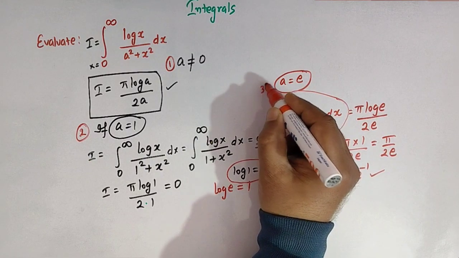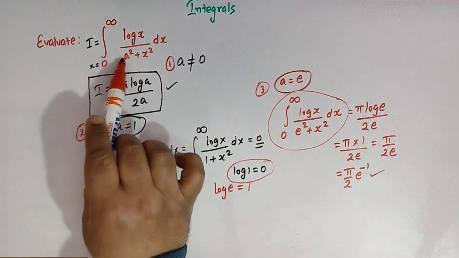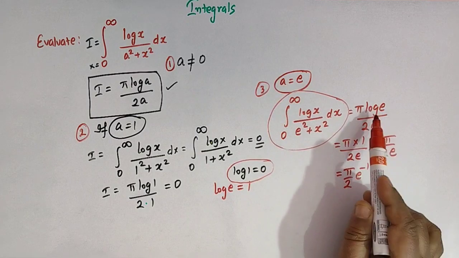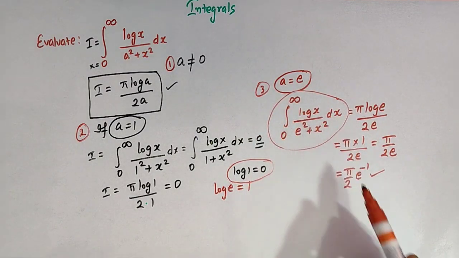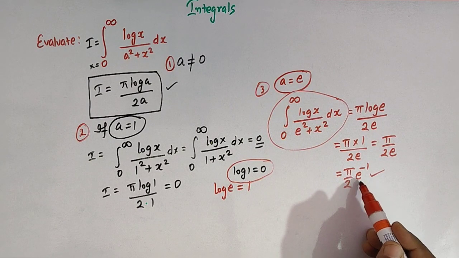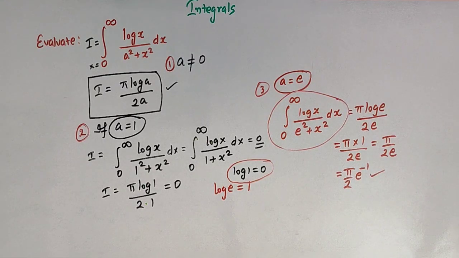And the third deduction is that if a is equal to e, then the value of this integral is pi over 2 times e raised to minus 1, right? So viewers, this is how we can solve this integral.